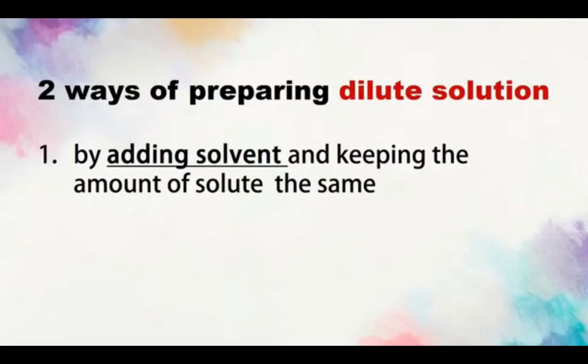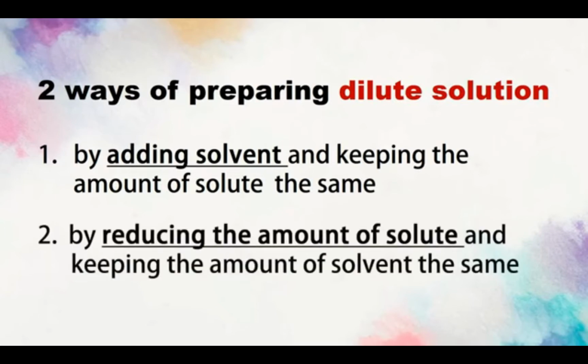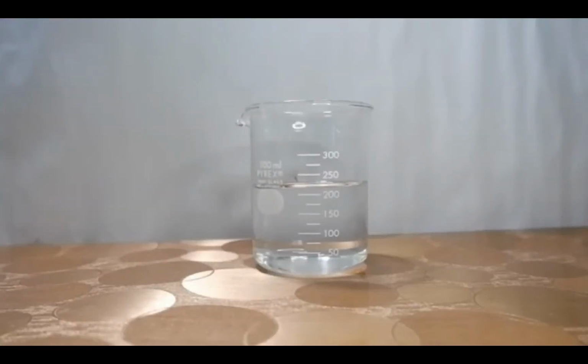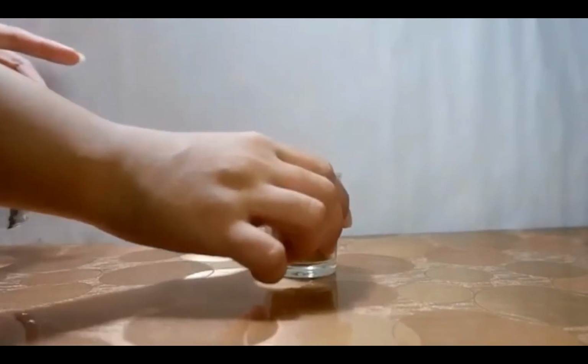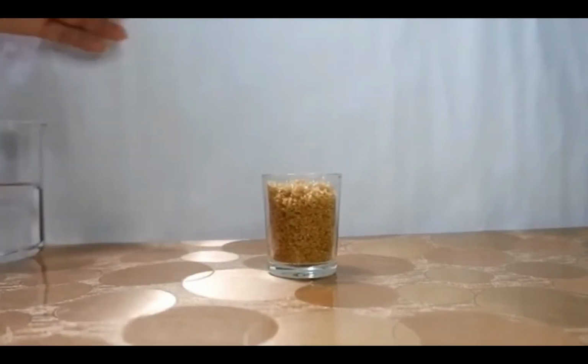The second way of preparing a dilute solution is by reducing the amount of solute and keeping the amount of solvent the same. For example, the actual volume of water is 230 milliliter and the actual amount of sugar is 1 full of this small glass.